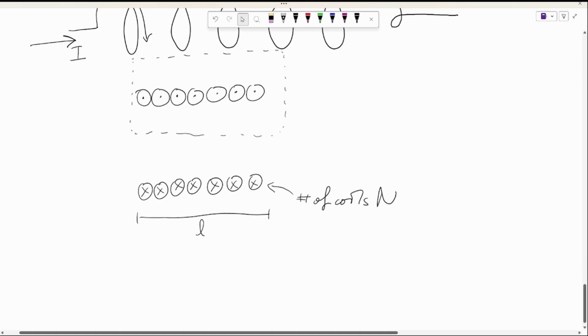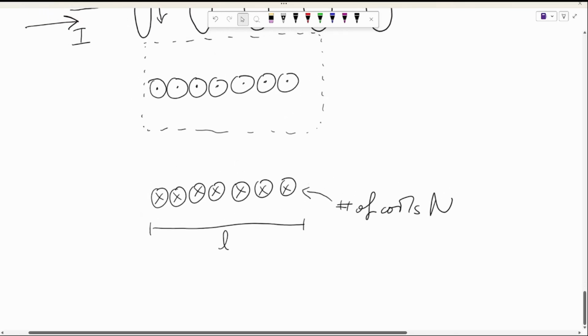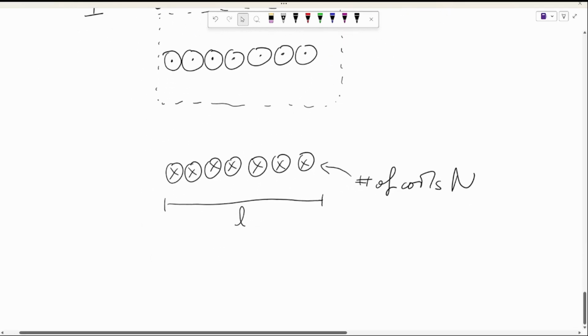Let's see, what do I need? I need Gauss's law. Is that on your formula sheet? Oh wait, hang on. No, I don't need Gauss's law. I'm tripping.